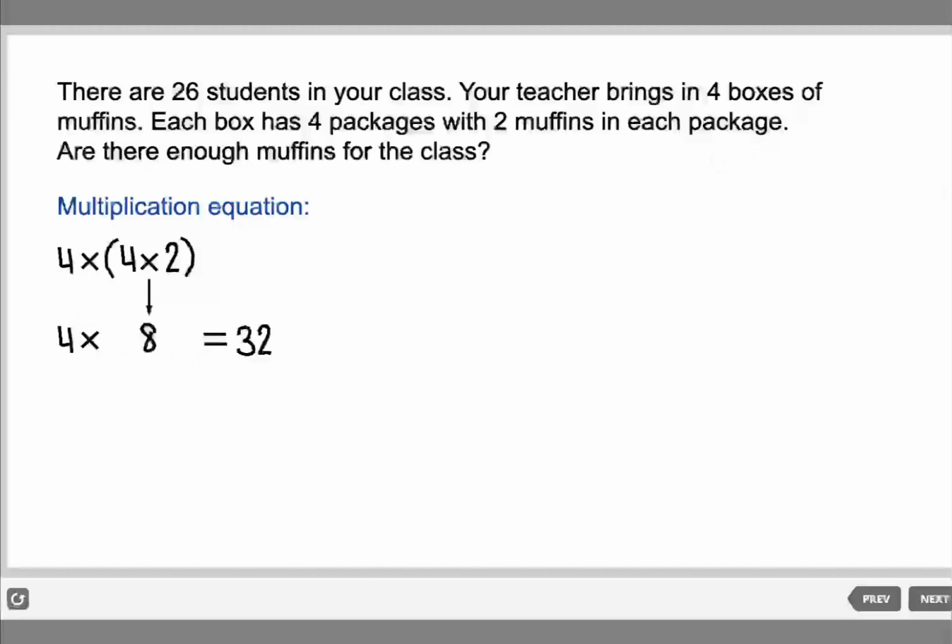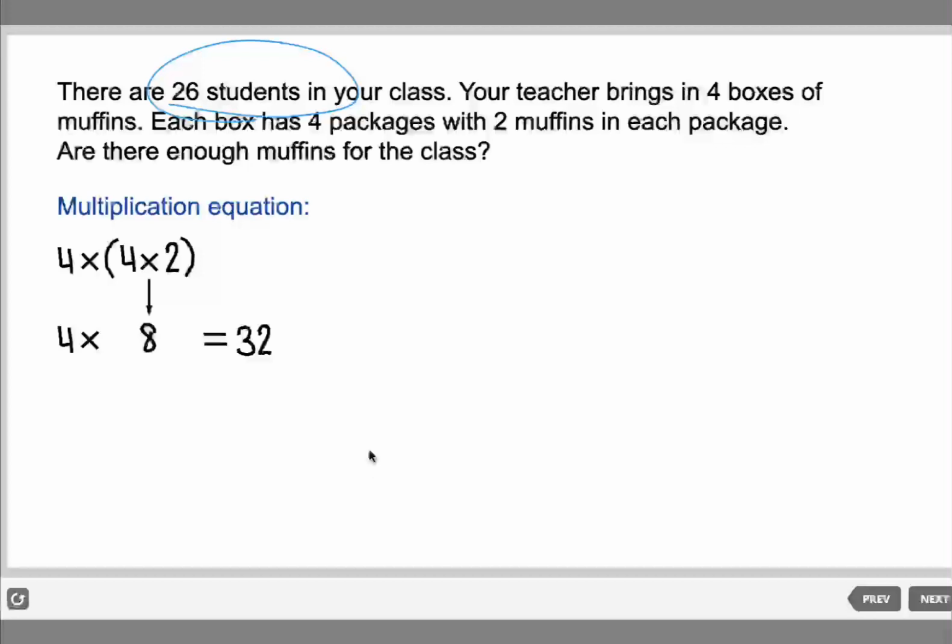Now, we need to compare this number of muffins. How many muffins now in all? 32 muffins. How many students in the class? 26. Do we have enough muffins? Enough and more. Okay, why did you say that it's enough?